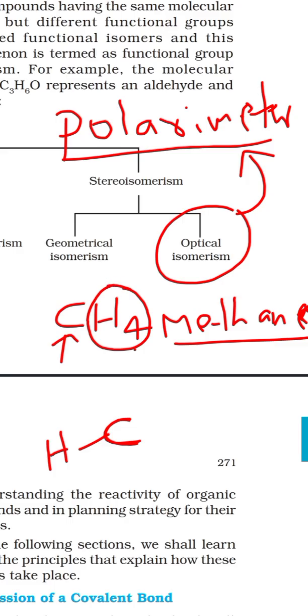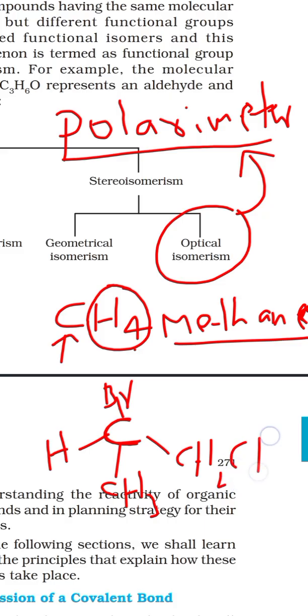Here I write one bromine for another hydrogen. Here I write a CH3 group, and here CH2CH3.